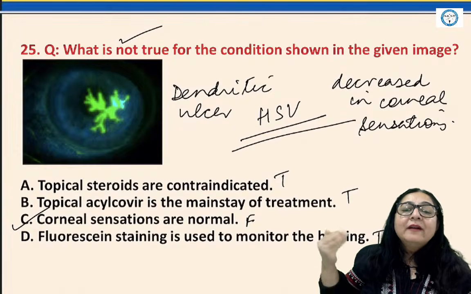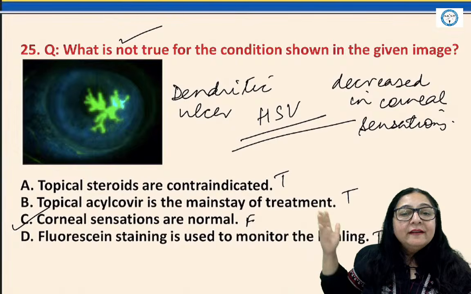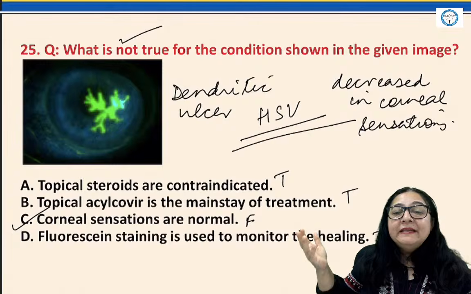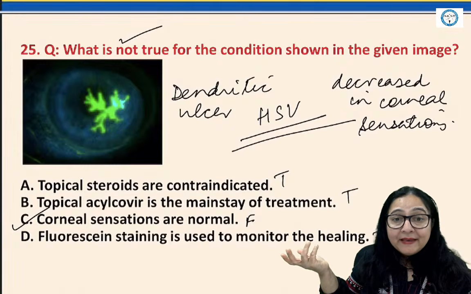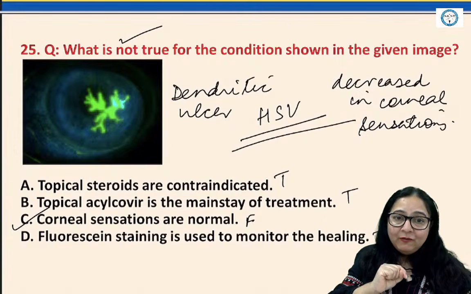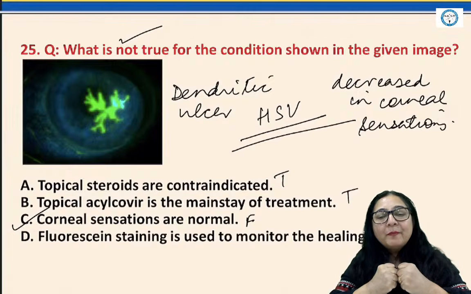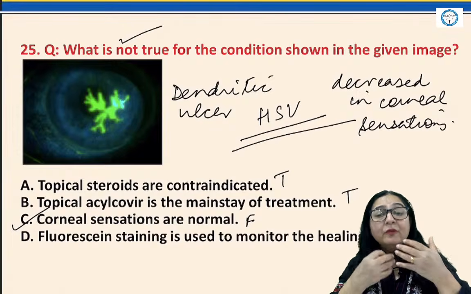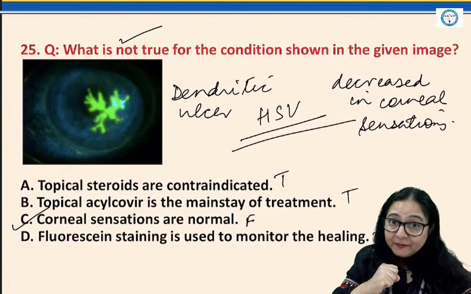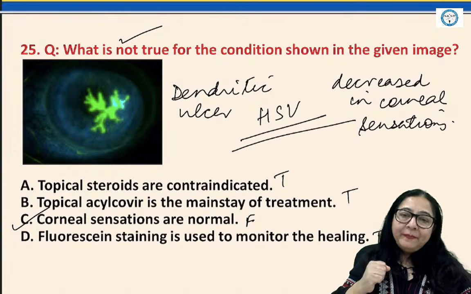And you will give antifungal for fungal ulcer, antiviral like acyclovir for viral ulcers. Bacteria, you give broad spectrum topical antibiotics. In all the cases of corneal ulcers, you will also add atropine. Why? To better relieve the inflammation as well as the ciliary spasm. So that helps in healing.